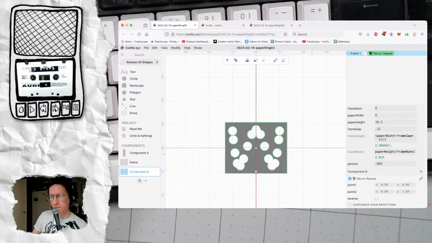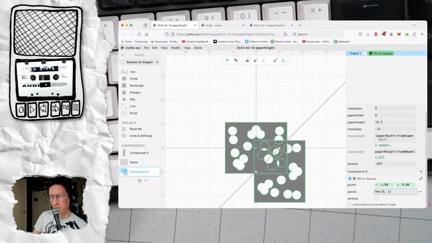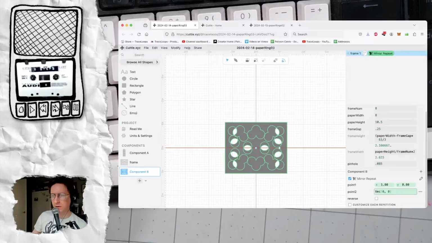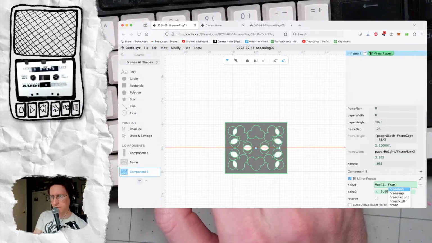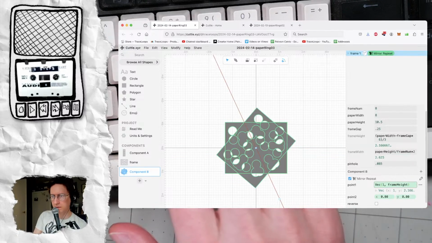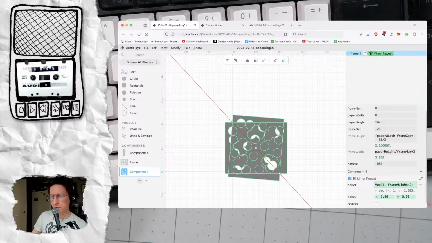Modify mirror repeat. This is going to be there to there, but now let's actually make this frame height divided by 2.